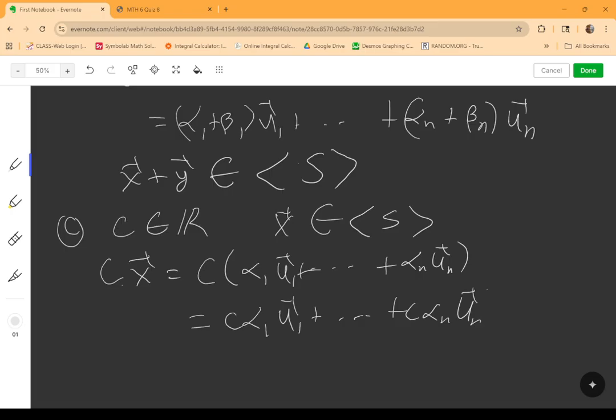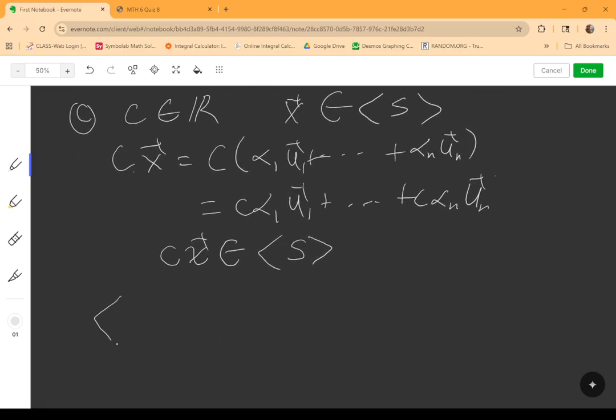This is again just another linear combination of the vectors in S, so cx is also an element of the span of S. So the span of S is a subspace of V, or just a vector space in general.